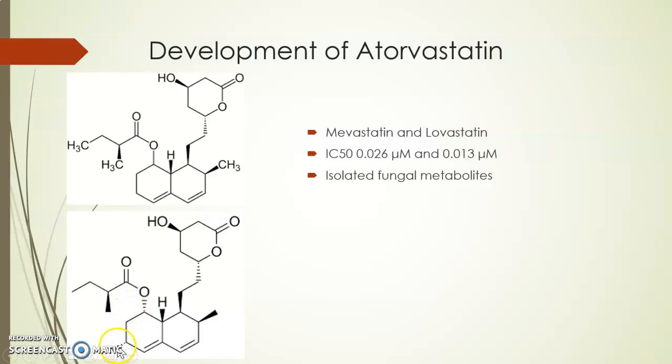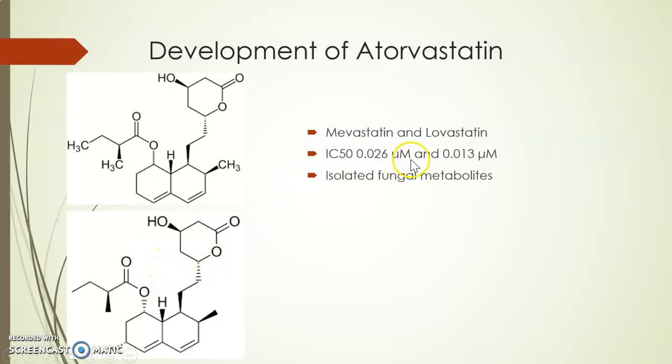And we can see that the only difference is this one methyl group here. Now, mevastatin was discovered first, so it was the first statin that was discovered, but it was not the first one that was approved and put on the general market for people to purchase, because that was lovastatin.